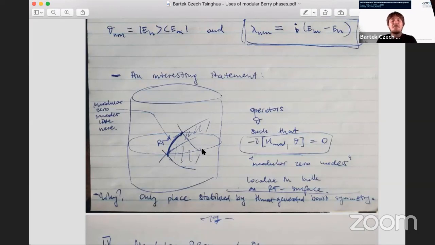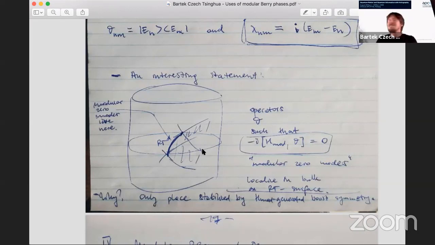Is there a relation between the eigenvalues and the distance from the RT surface? I don't know that there is an explicit paper that establishes that, but there should be. I agree with the intuition. Yeah, that's right.